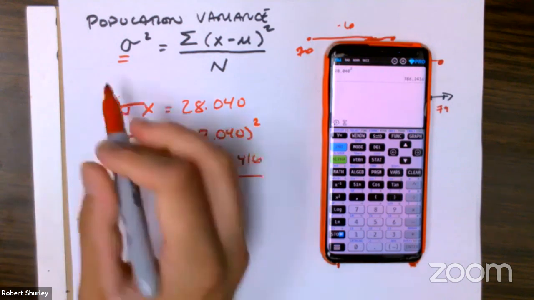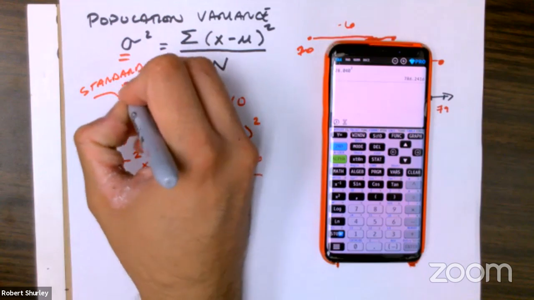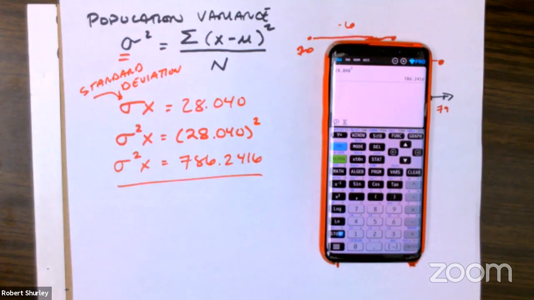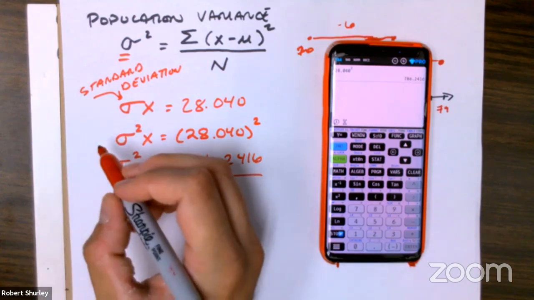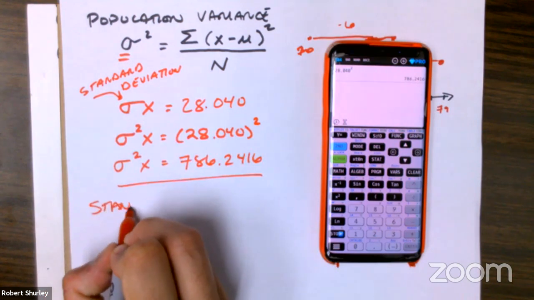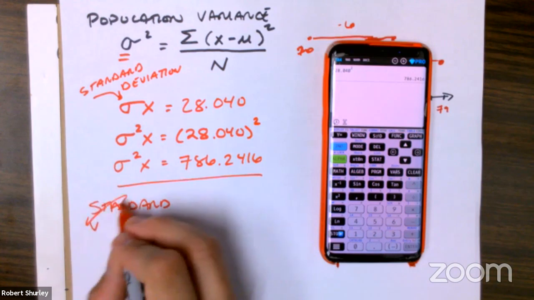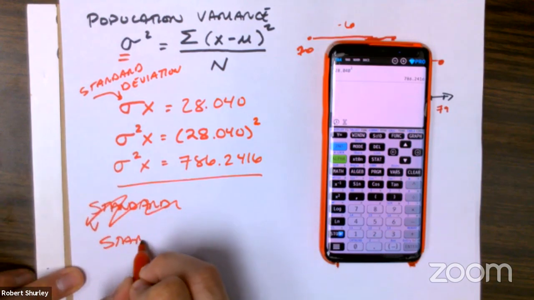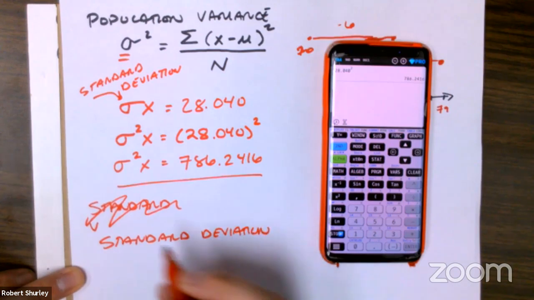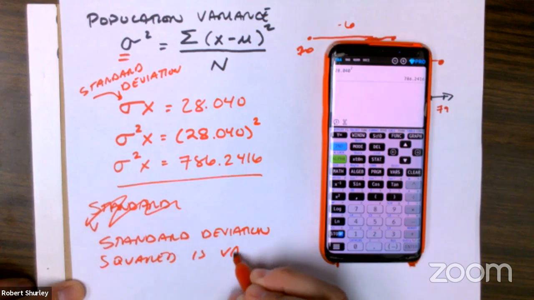It gives you, this is called the standard deviation. It gives you the population standard deviation, and then you just square that to get the variance, which is true. The book just hadn't got there yet. So I'm going to write that down. Standard deviation squared is the variance, okay?